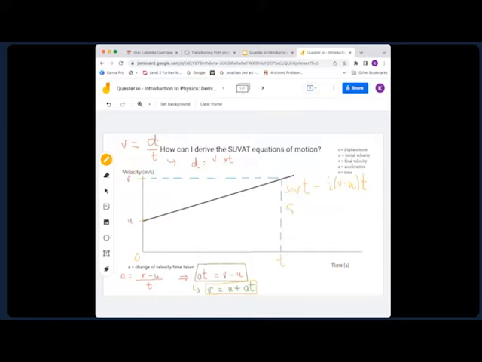So then we end up with S equals VT minus 1/2 multiplied by AT times T, which gives us S equals VT minus 1/2 AT squared. Yeah, does that make sense?